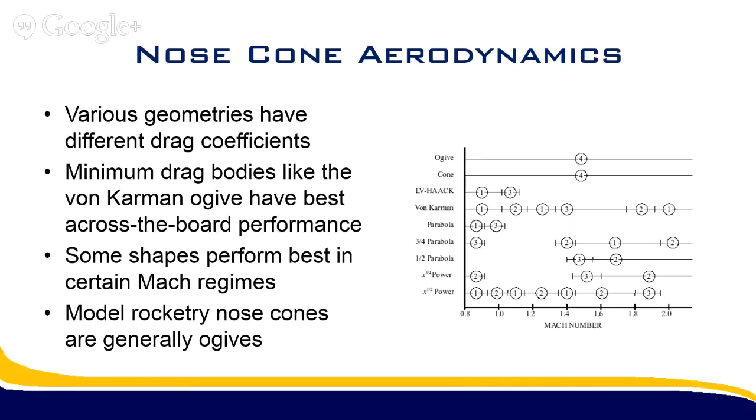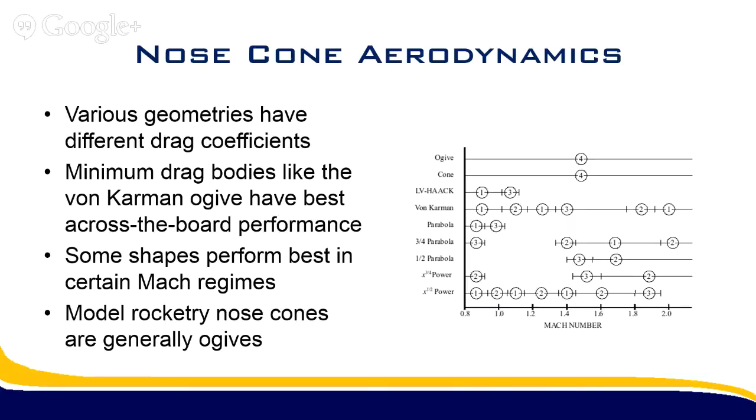We also use a lot of conical nose cones because they're easy to make. Not quite as common as the ogives, but they do exist. I guess the minimum drag body nose cone that we have is called the von Karman ogive, or just a von Karman nose cone, and it actually uses a very specific mathematical equation to minimize the drag for a given diameter.